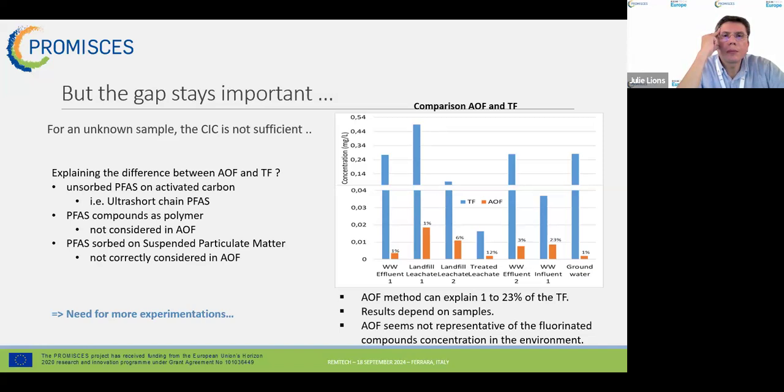Then we miss a fraction. So here, our results show that we really need more experimentation to define more precisely which fractions we can quantify using the AOF.